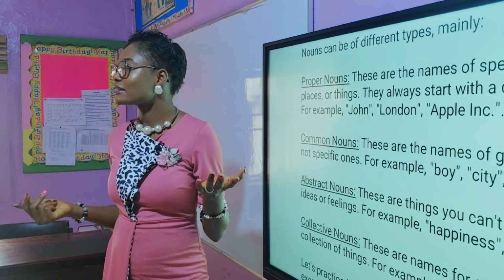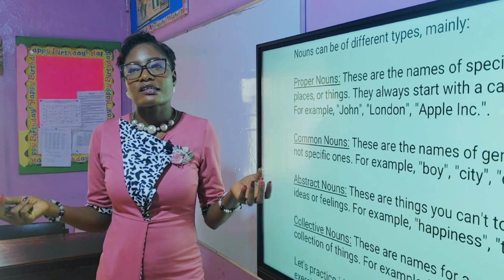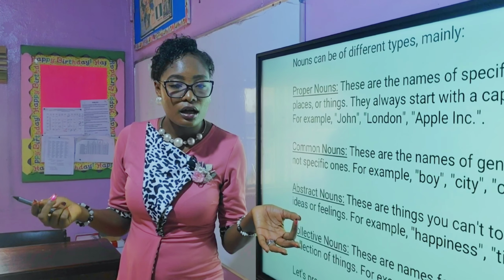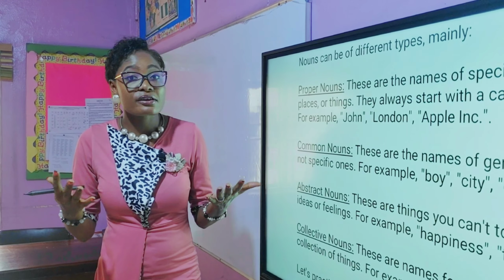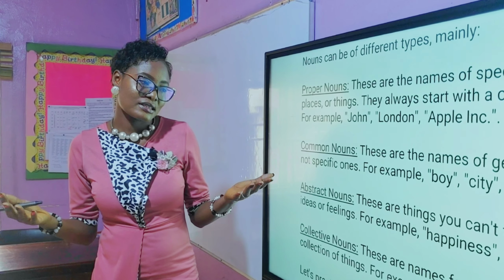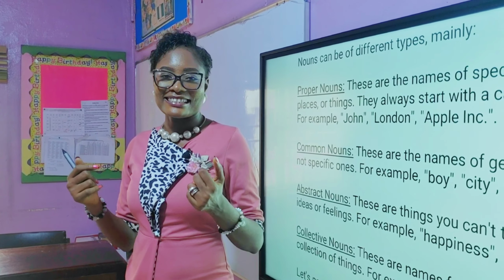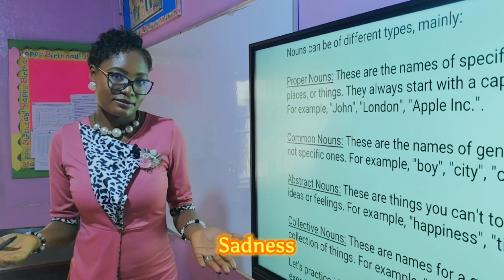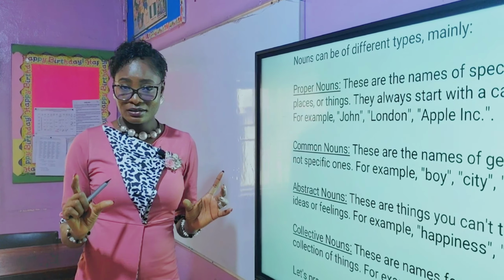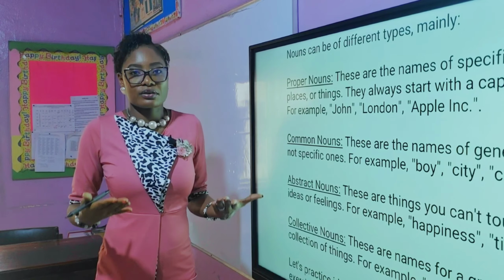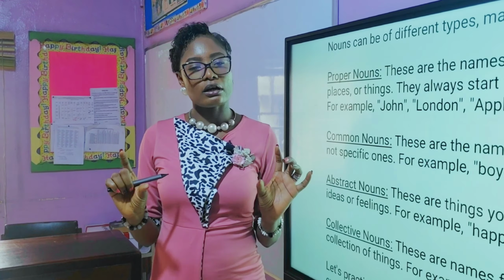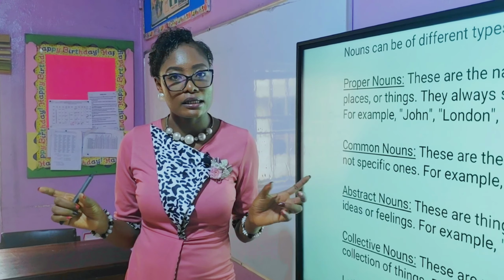So think about it. What are those things you can't see, touch, taste, hear, but you feel, you experience? We have example, happiness. When you're happy, joyful, or sadness, you can't see those, but it's an experience that you have. We know about the concept of time, but we can't see it, can we?